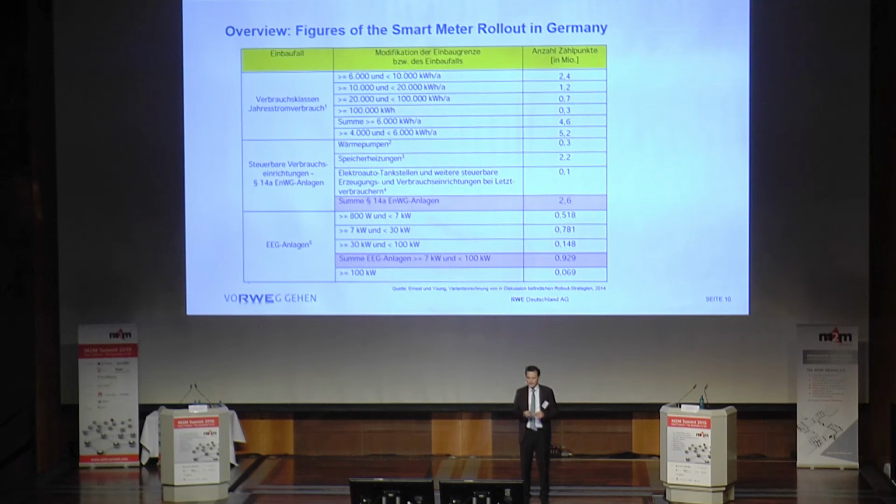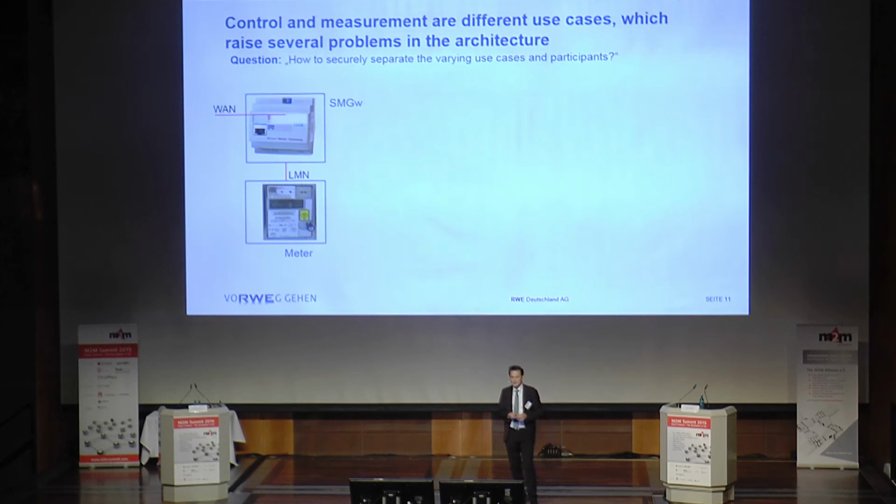We have the night heatings, 2.2 million in Germany. You have the so-called 14A stations, but also the PV panels. So in all we will have 3 million stations in Germany, which will be interconnected within the system. So that is a major challenge.